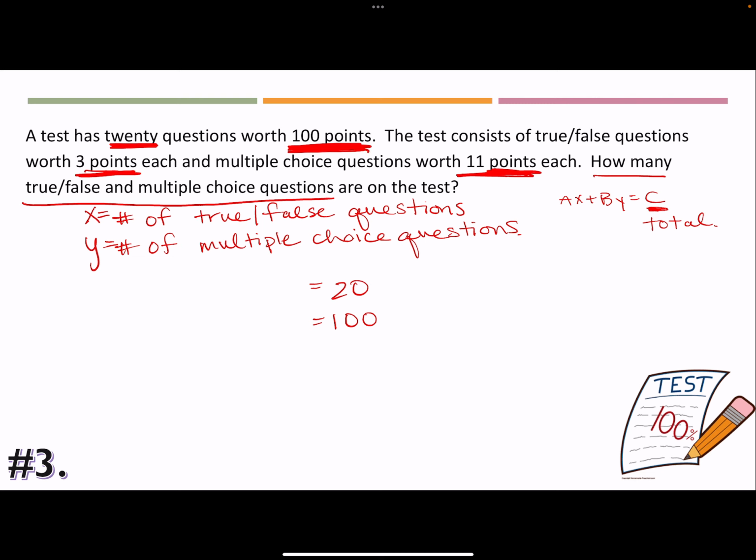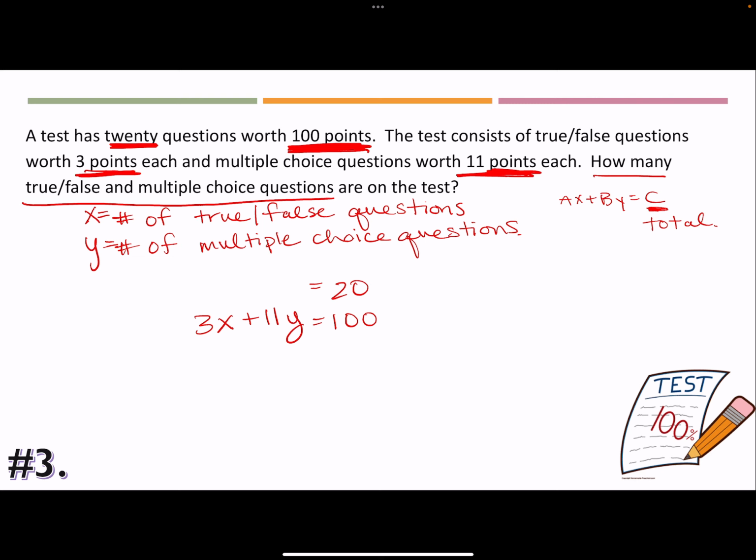They're going to go with the 100. X was true-false questions, and each one of those is worth 3 points, so it's going to be 3x. Multiple choice questions are worth 11 points each, so 11y. And then the 20, that's the total number of questions.